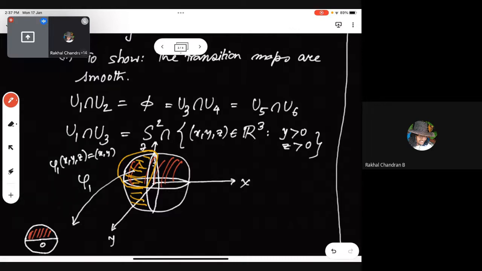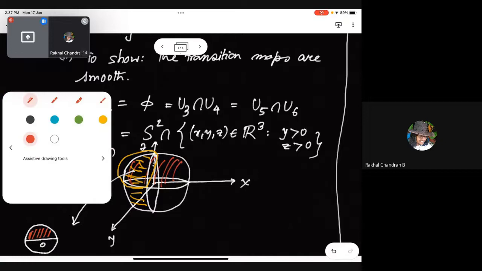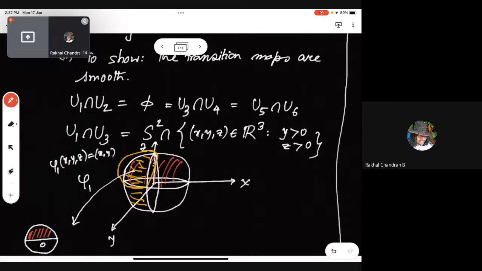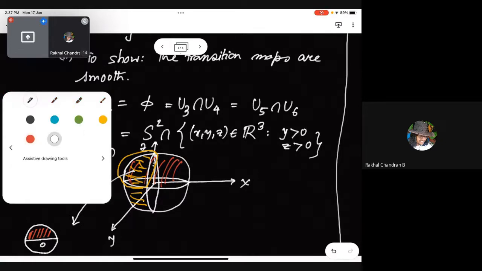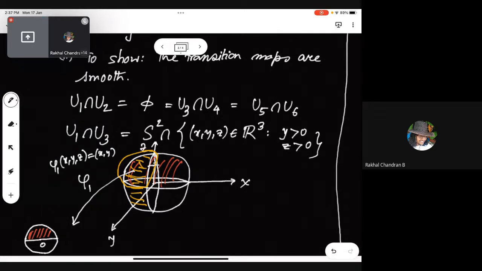So similarly, under φ3, what was φ3? φ3 of (x, y, z) was (x, z), right? So this is also the unit disk, now in x and z coordinates.